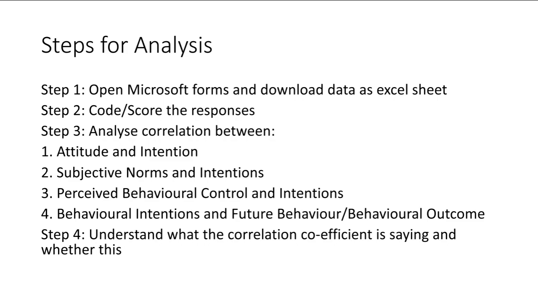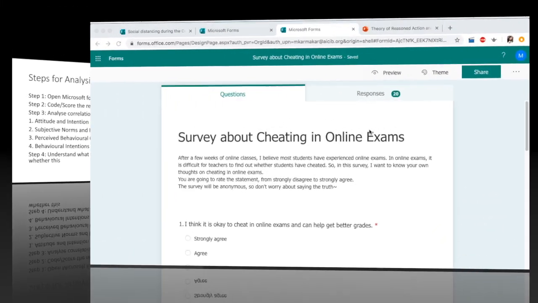That is your major task for class today. And the 4th step is for you to understand what the correlation coefficient is saying about the relationship between these variables, and whether this then validates the theory of reasoned action and planned behavior for your chosen behavior.